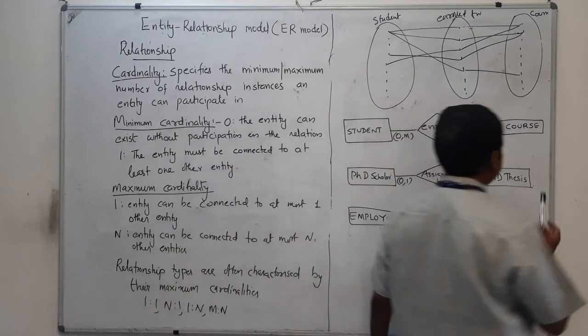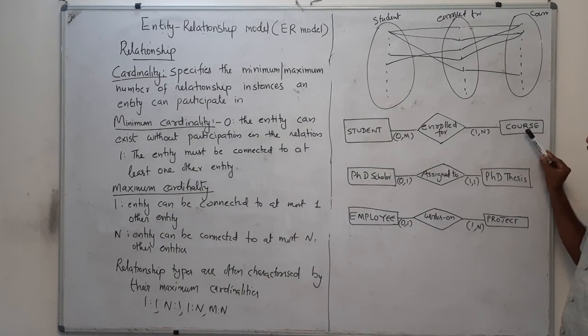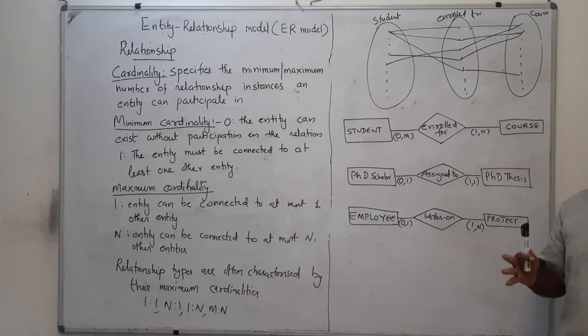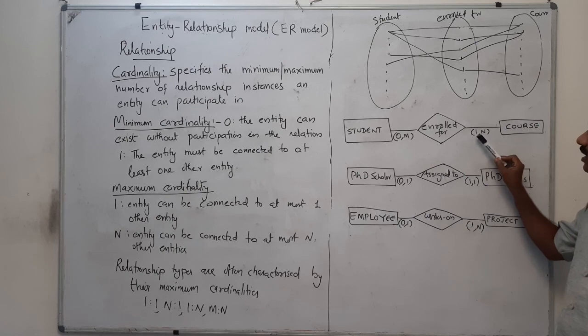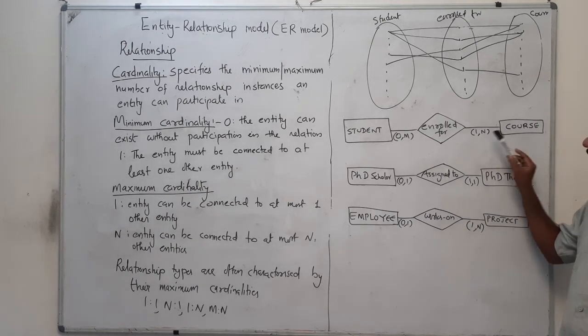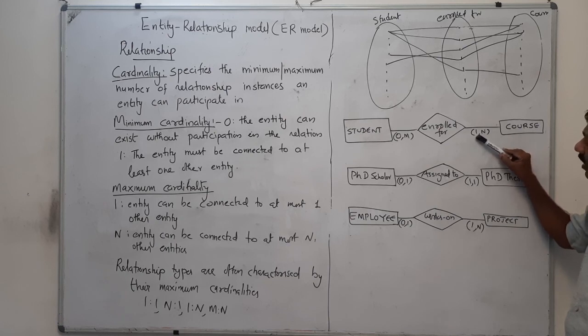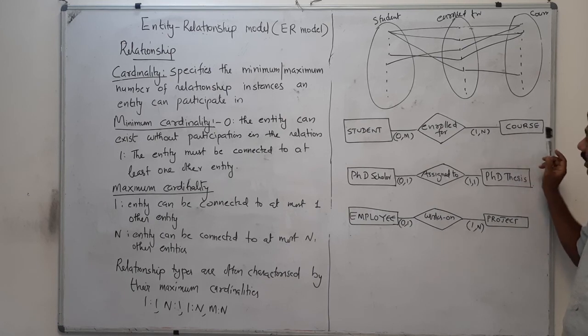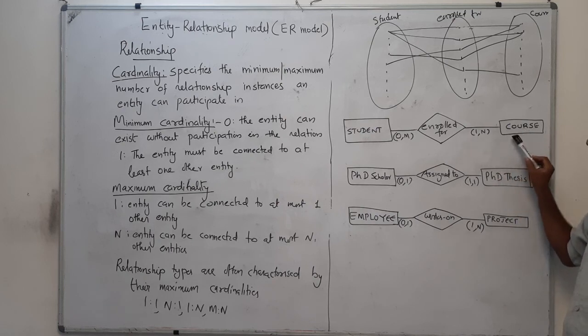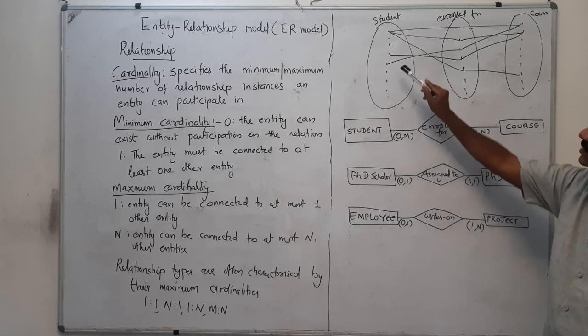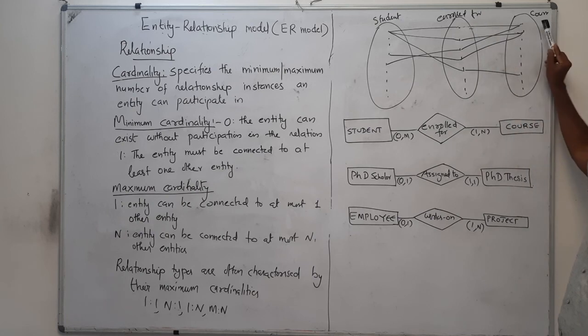But in the case of a course, if a course has to exist, there should be at least a single student enrolled for it. That's why in this relation, at least one relationship, that means at least one student has to join this course, otherwise it does not exist.